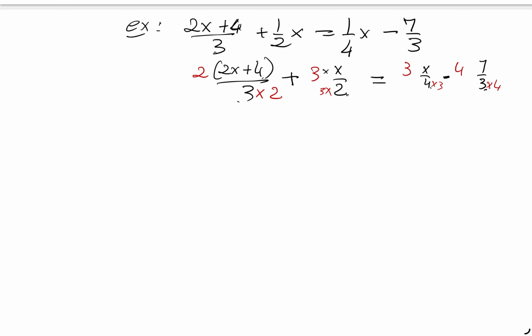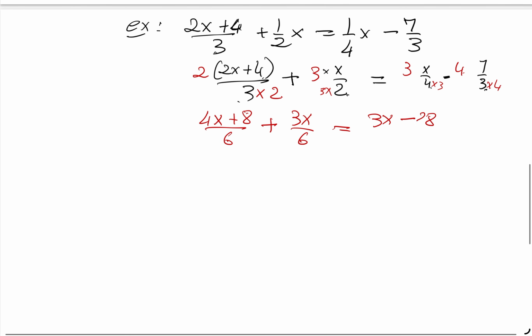So here, if you distribute, you have 2 times 2x is 4x plus 8, divided by 6, plus 3x divided by 6, is equal to 3x minus 4 times 7 is 28, divided by 12.